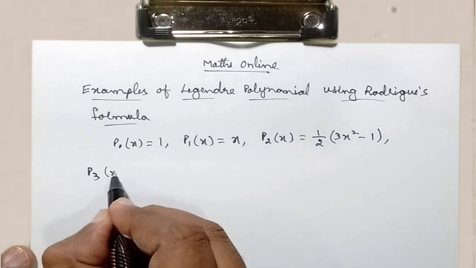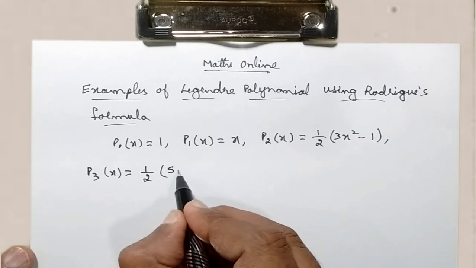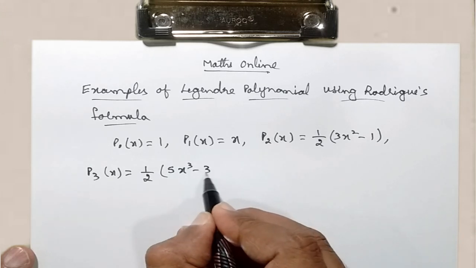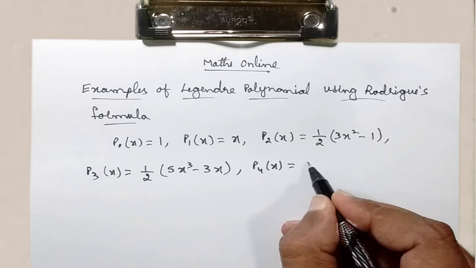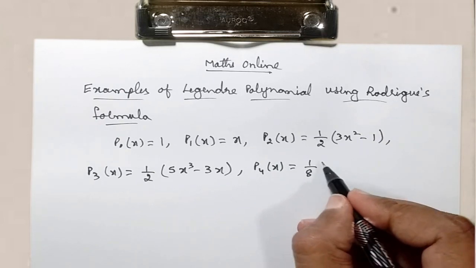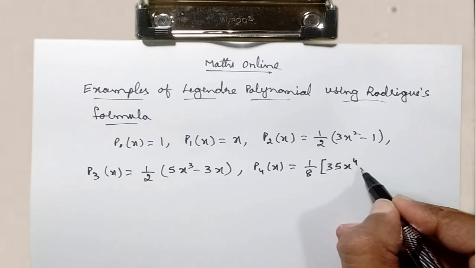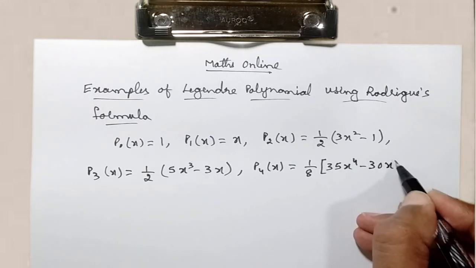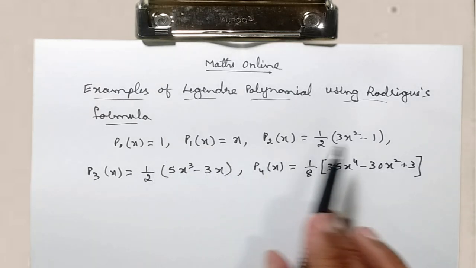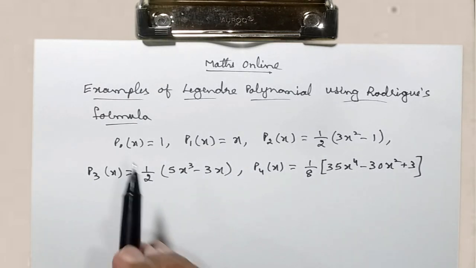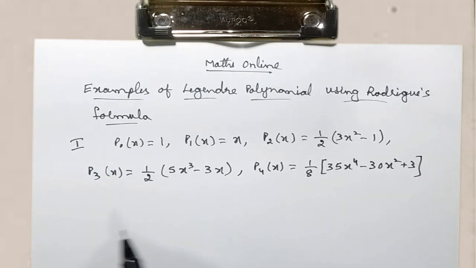Then P3 of x will be equal to 1 by 2 times of 5x cube minus 3x, and P4 of x is 1 by 8 times of 35x power of 4 minus 30x square plus 3. We saw these values in the previous video, so you have to memorize them. This is one set of values that we have obtained.